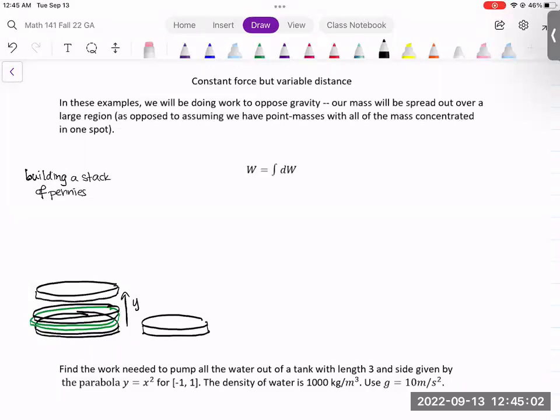If we want to figure out the total work required, what we're going to do is sum up the work to put each penny on the stack.